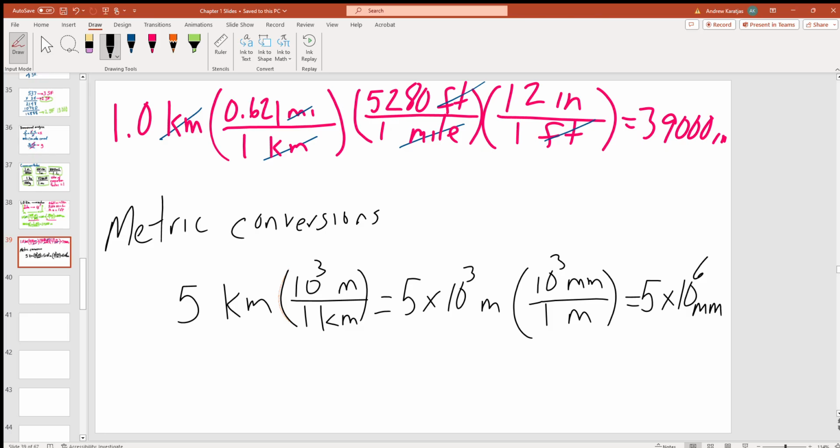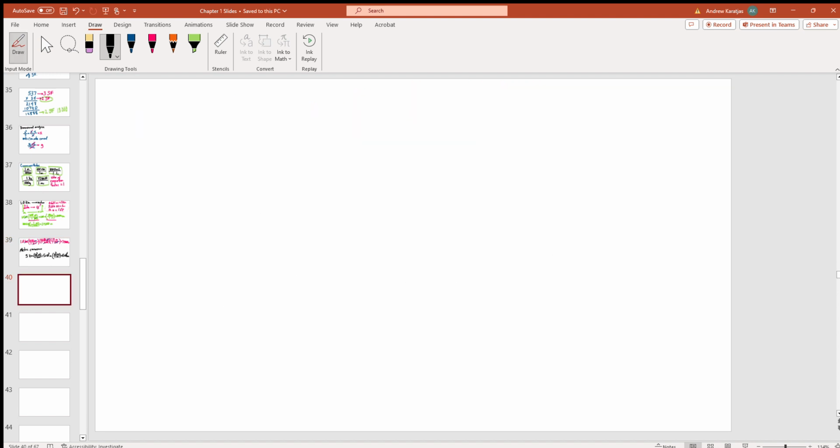So the one spot where this can get a little bit more complicated is if we're dealing with a more complicated type of unit. Say something like how fast something is moving. The reason I say that can get more complicated is that's a unit that has 2 pieces to it. So meters per second, miles per hour.